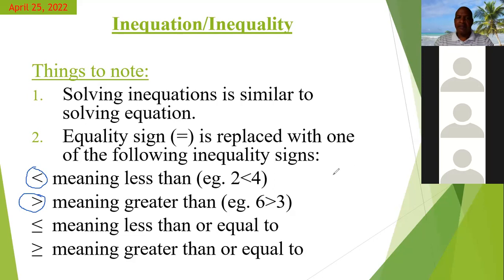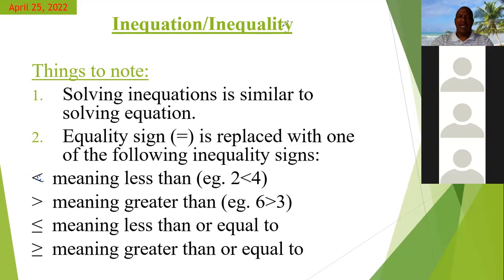And as Ms. Wilson said, the alligator mouth opens to the greater side. So if you think of this as the alligator mouth, then over here would be the mouth and the teeth would be here, right? So this side would open to the greater side, and hence the other side would be the less than side.